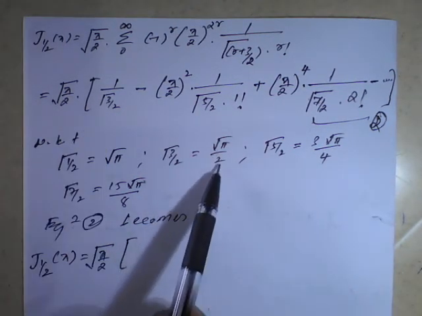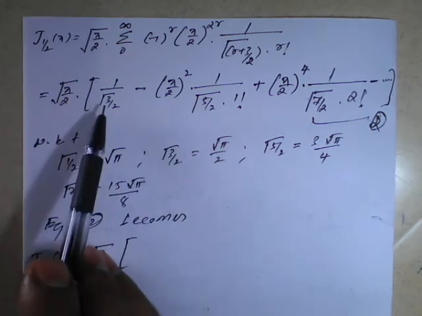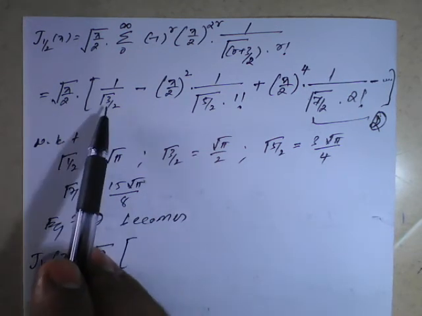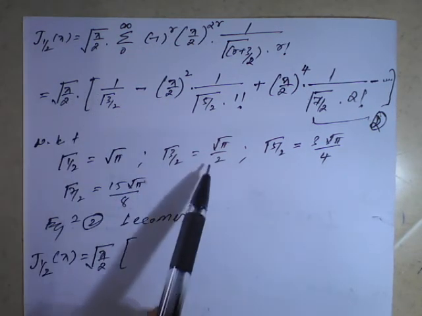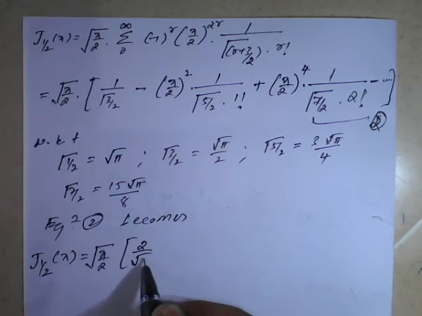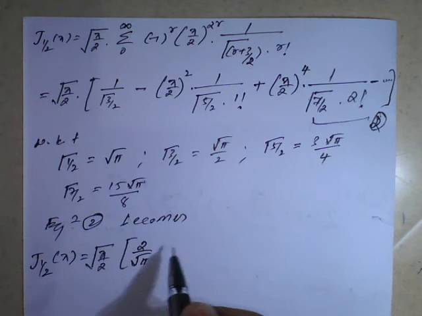What is it here? Root pi upon 2. So this is in denominator. So the value of gamma of 3 by 2 is root pi upon 2. Since it is in the denominator, this pi by 2 goes up and it will become 2 upon root pi. Minus sign.